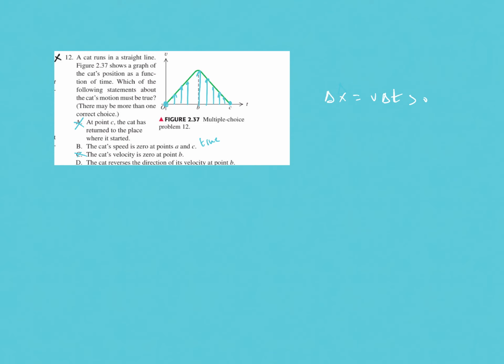So the cat never reverses the direction of its velocity; it is always positive. So the only option that I see could be true is option B. Let's go to the next question.